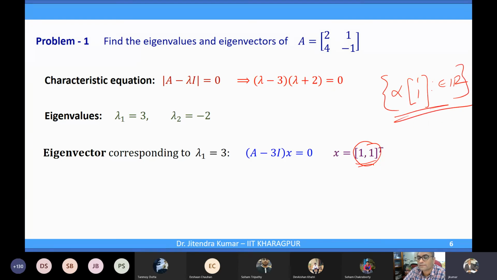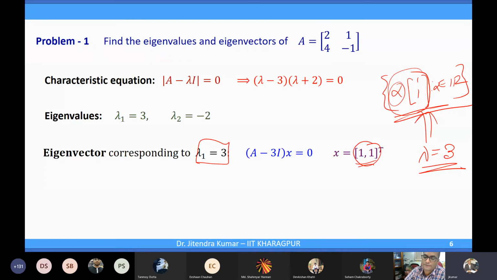This is the eigenspace corresponding to lambda equal to 3. Any alpha from the real numbers, so 1, 1 will generate the whole eigenspace.